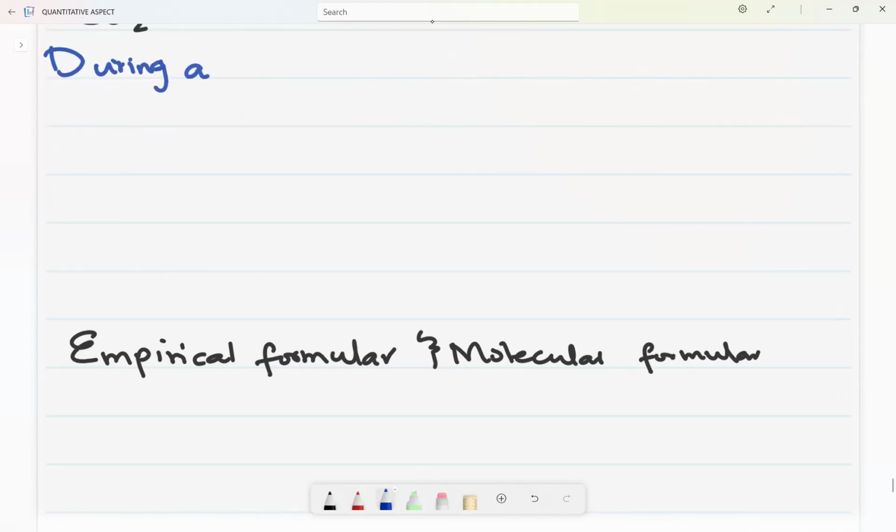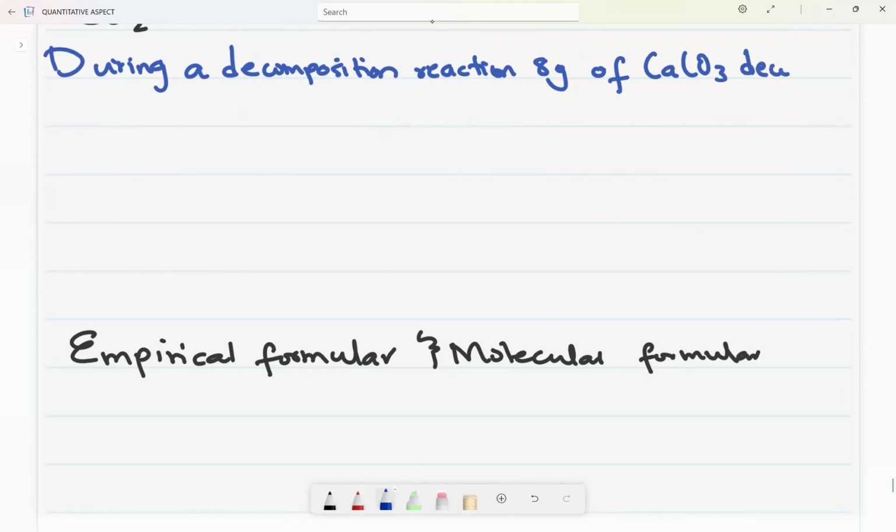Say that during a decomposition reaction, 8 grams of calcium carbonate decomposed.